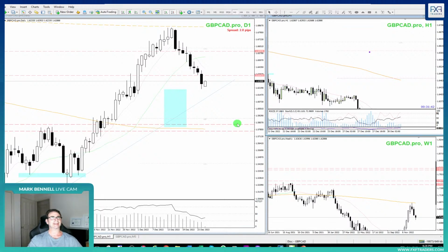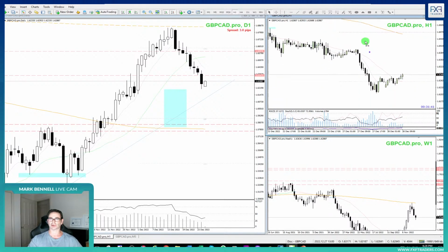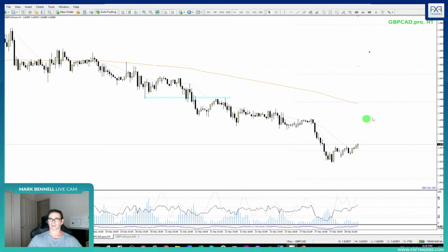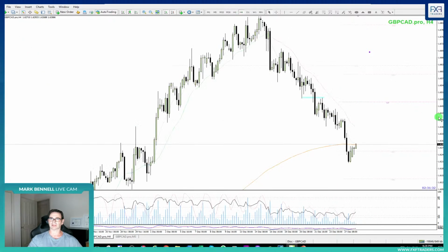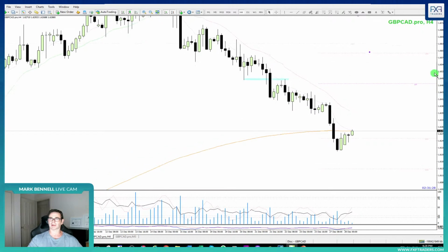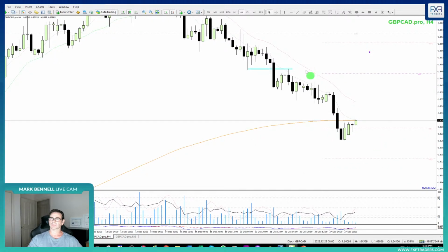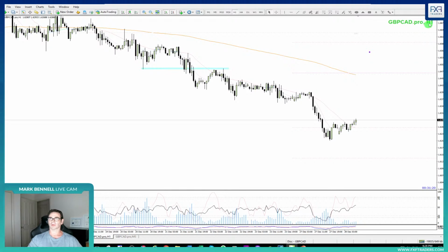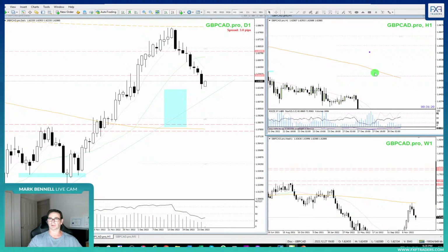Pound CAD, so we had this on the list last week, short. So I don't know whether anyone found anything through there. Wasn't terribly easy. Some markets just move like that, don't they? So I'd leave that alone now. It's already had a decent move.